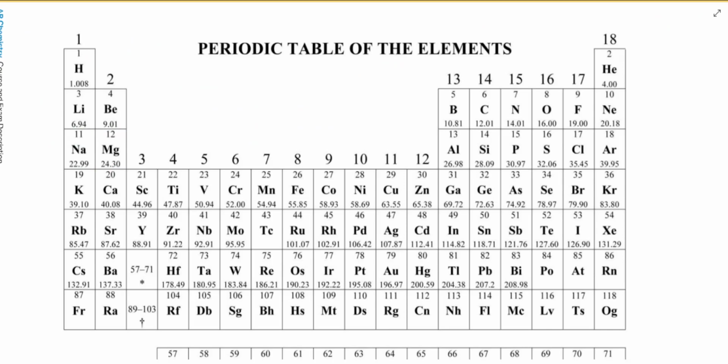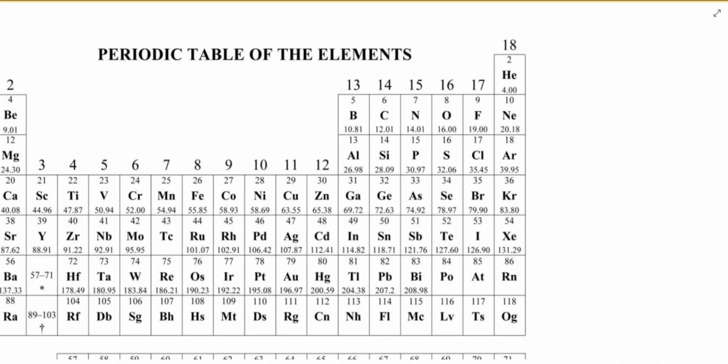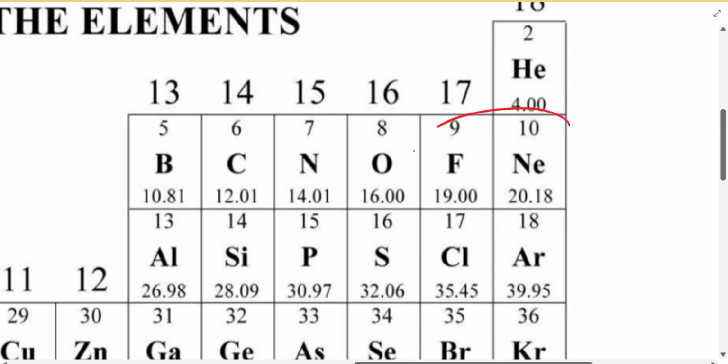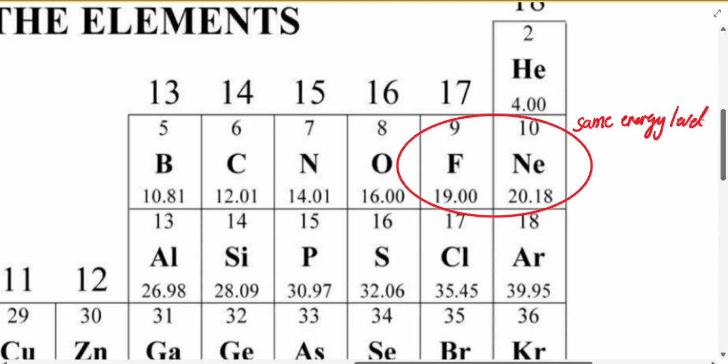All right, so we're looking at neon and fluorine. So these two right here. So first one, same energy level. Okay. If they are on the same energy level, which is energy level 2, the distance from the nucleus will essentially be the same.